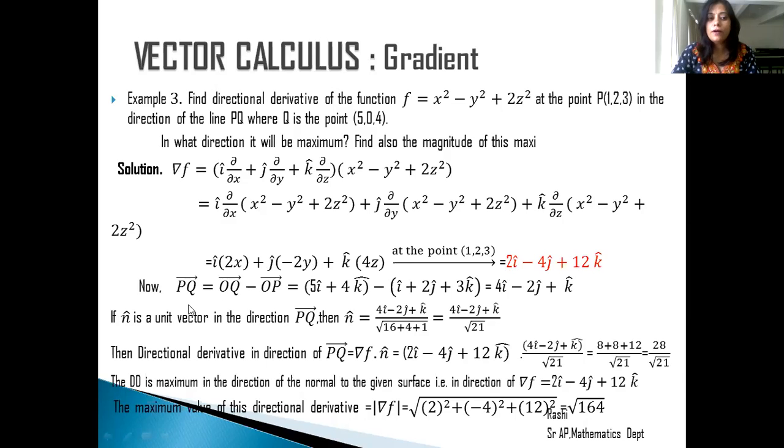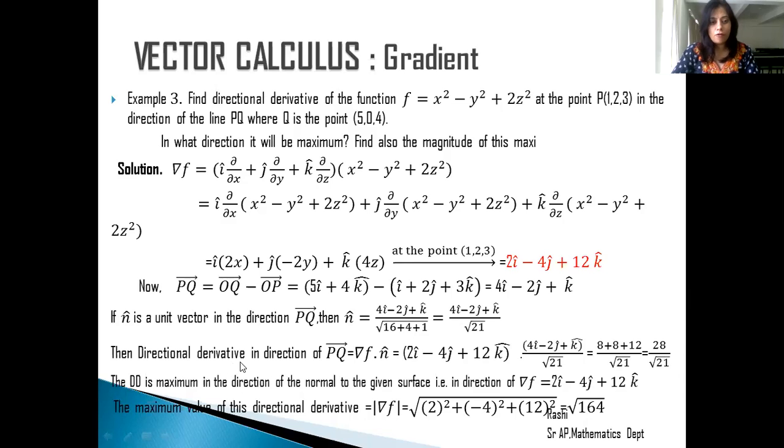They told me they want it along the line PQ. So PQ is what? OQ minus OP. The position vectors of P and Q are given in the question. Okay, so this is our n, but I need n cap. What is n cap? n upon the magnitude of n. So this is our n cap.